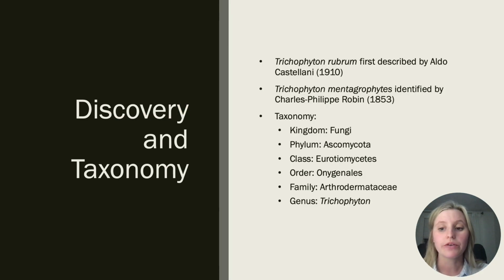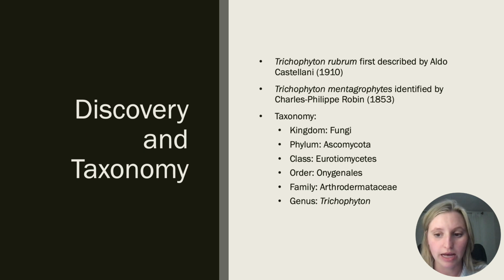Trichophyton rubrum was first discovered by Aldo Castellani in 1845, while Trichophyton mentagrophytes was identified by Robin in 1853. Now, the taxonomy: these fungi belong to the kingdom Fungi, and this includes reproducing using spores contained in sac-like structures.